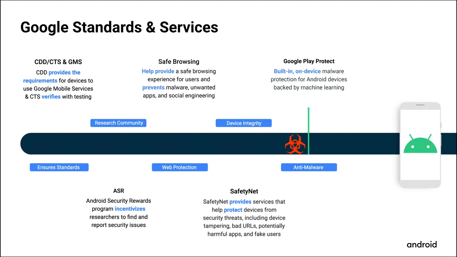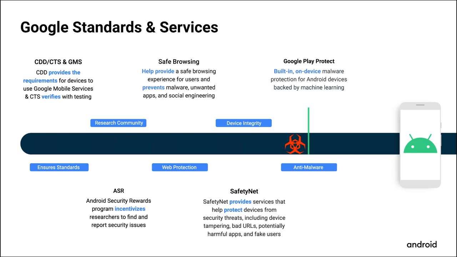And then finally, Google Play Protect. This is Google's built-in on-device malware protection on Android, and it's backed by Google's machine learning. It works in conjunction with the Google Play Store and SafetyNet, but it basically is Google's on-device application or malware scanning capability. It's always on.